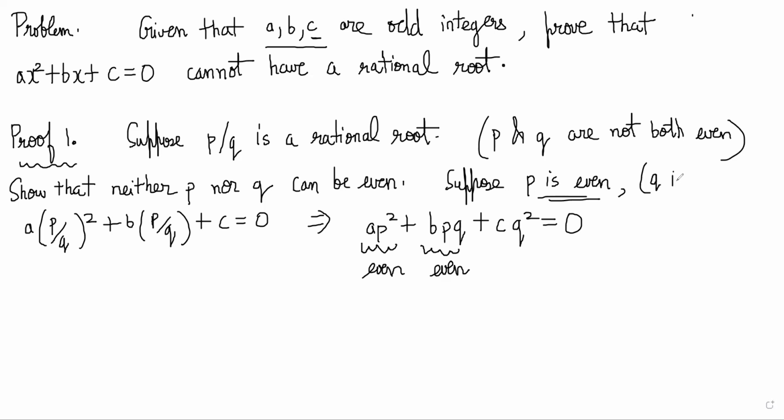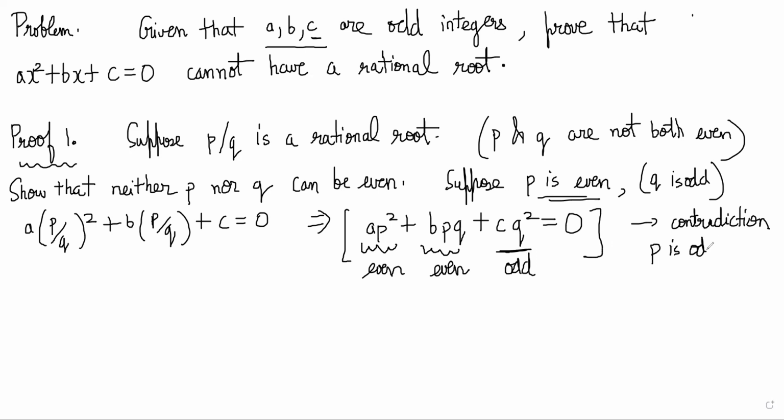So this term is odd. Obviously even plus odd cannot be 0, because even plus even will be even, and even plus odd will not be equal to 0. So this is a contradiction. This last statement is not possible. Therefore p is odd.